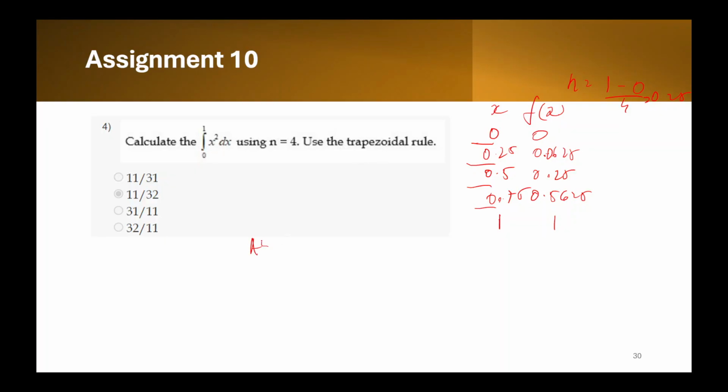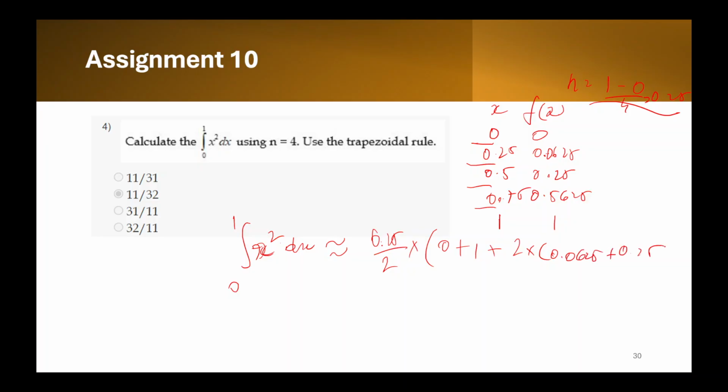So the area, or you can write this as the integral of x square dx from 0 to 1, approximated as h, which is again 0.25, divided by 2 into the initial f(x), which at the initial data point is 0, plus the final which is 1, plus 2 into the sum of the rest: 0.0625, 0.25 plus 0.5625.